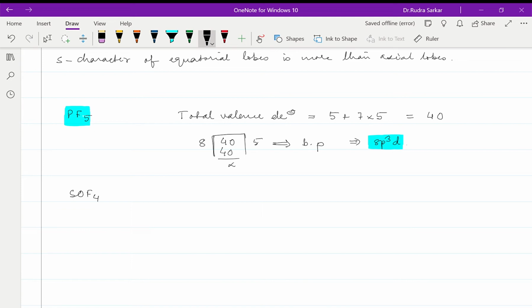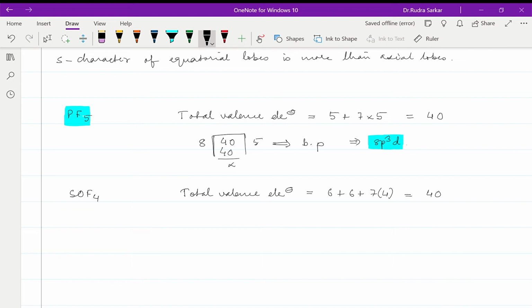Okay, so for the total valence electrons, we will say for sulfur it is 6, and for oxygen it is 6, 7 for the fluorine, and there are 4 of it, so times 7, and if we do the counting over here, this is going to be again giving you a total electron count of 40.